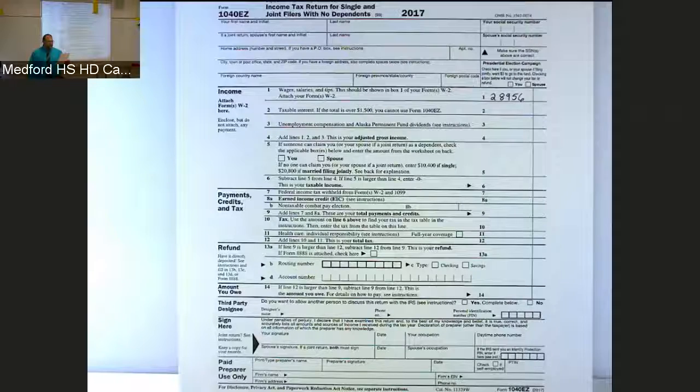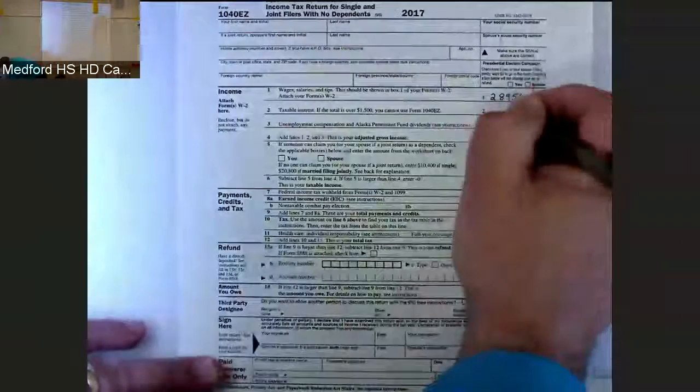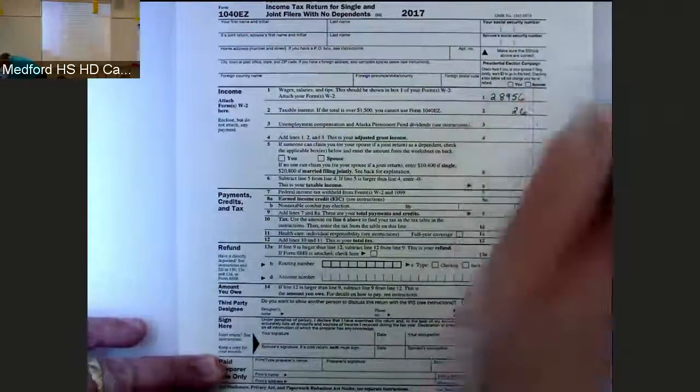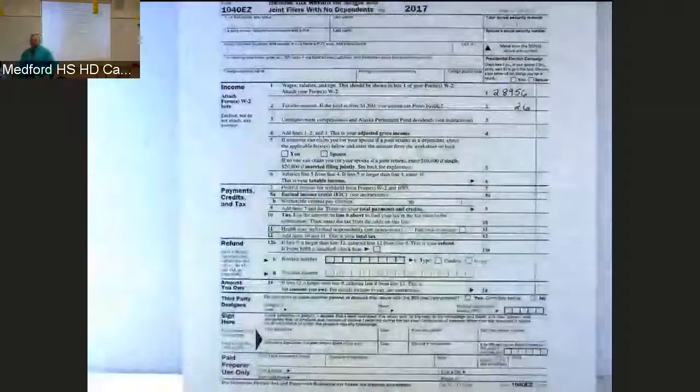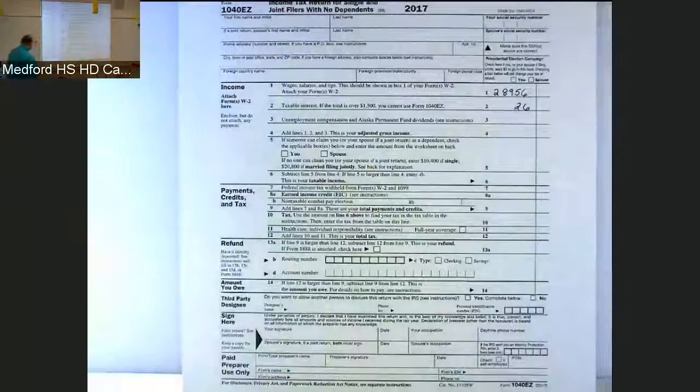Again, dropping off the 52 cents: $26. Why would you do that? Because on the state form, that's what they want you to do. You have to know that. That's their own problem. You're trying to keep it simple.